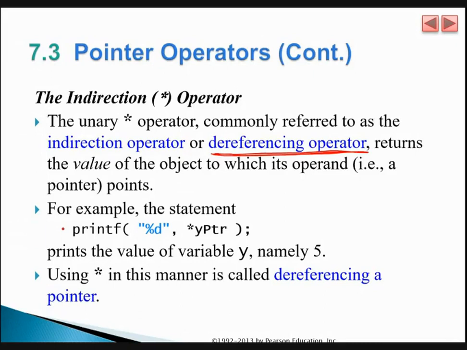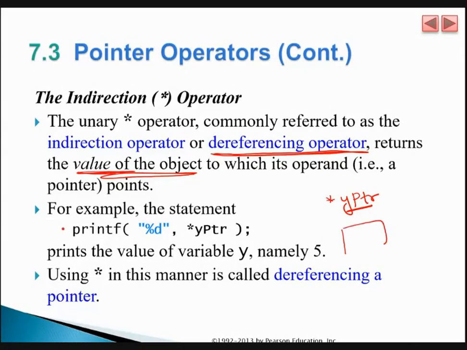The dereferencing operator returns the value of the object which is pointed to by the operand. So if I say yptr, yptr is the operand, so it will return the value of the object which is pointed to by yptr.